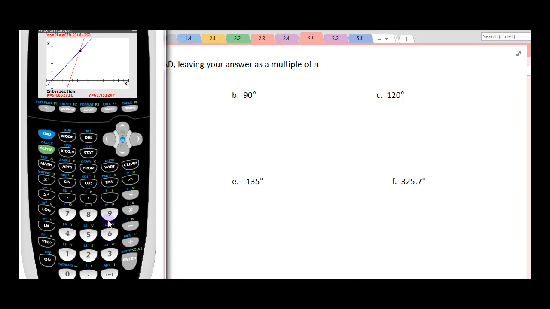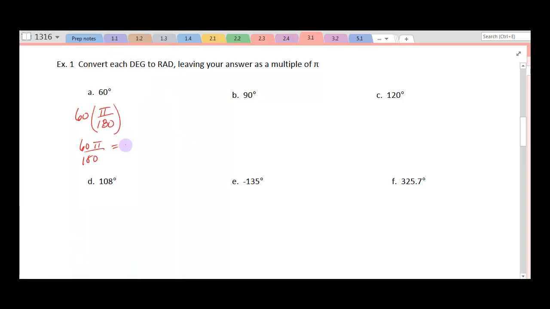Let me go home, we would say 60 divided by 180, then I would hit math, choose option 1 for frac, enter, enter, and it returns for me a reduced fraction. So 60 over 180 reduces to be 1/3. We write our answer as a multiple of pi, so in other words 1/3 turns into just pi over 3, because the 1 is understood here. We're going to do a couple like that.